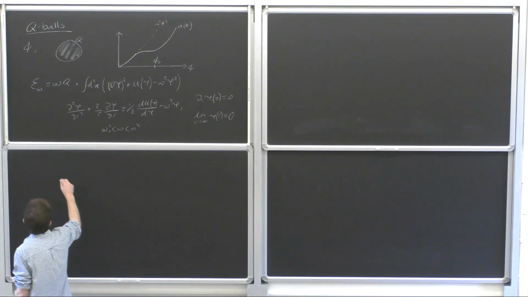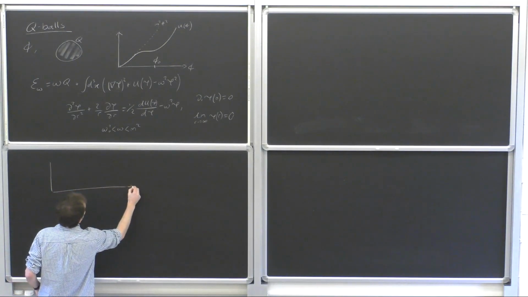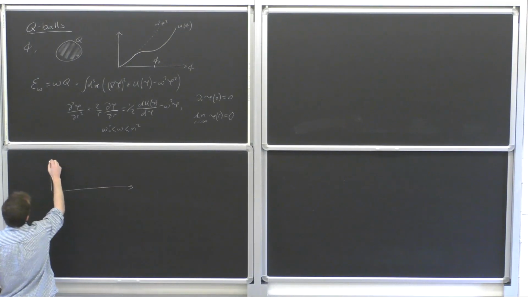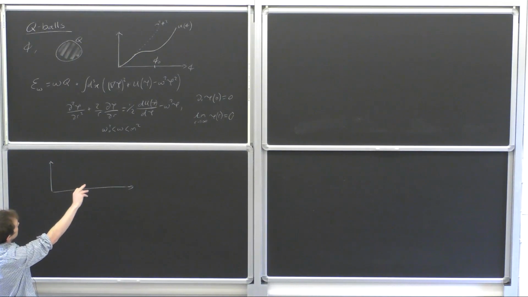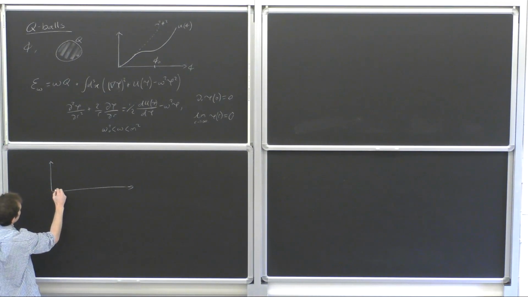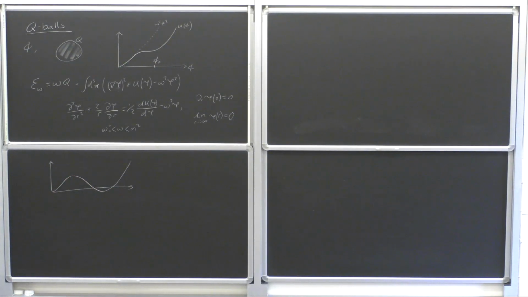The first trick is to notice that for these values of omega, what I effectively do is take my potential there, and because of the minus omega squared phi squared, I turn it into a potential of schematically this kind of form.